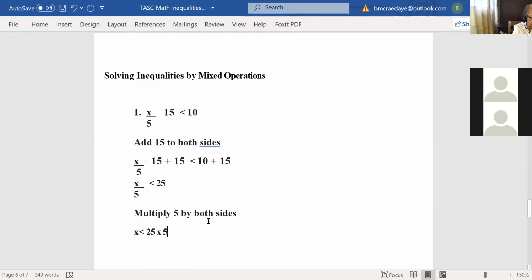So that would be equal what? 125? So 125 divided by 5. Okay, and 25 minus 15 is less than.